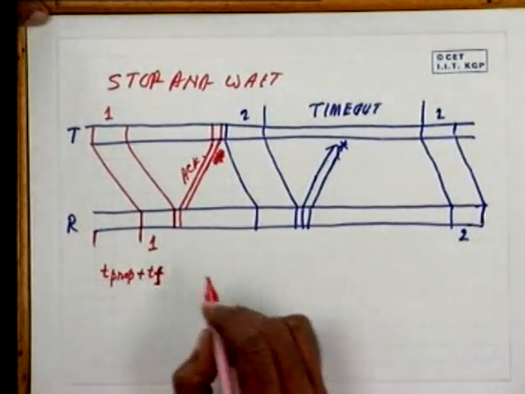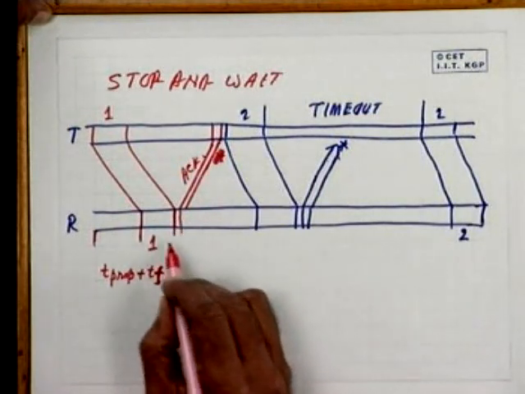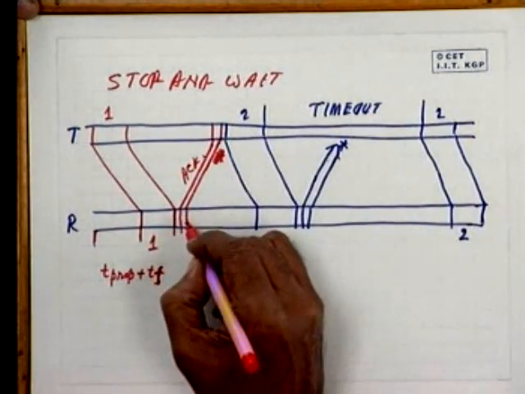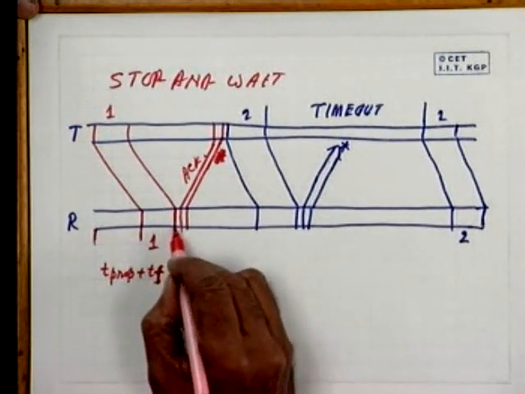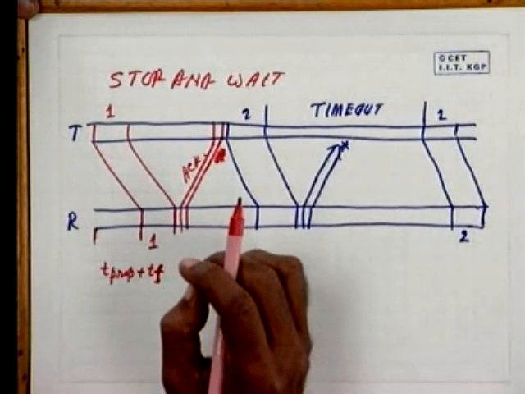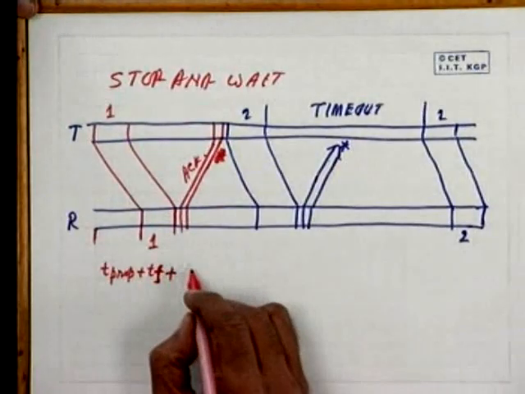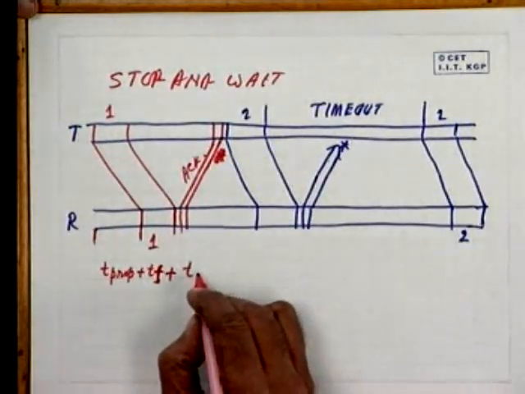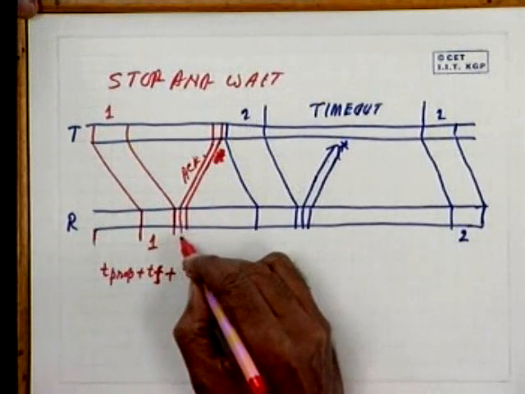And there is a small delay: after receiving frame number 1, the receiver will require some time to compute and detect whether there is any error or not. That time is represented as T proc, processing time.